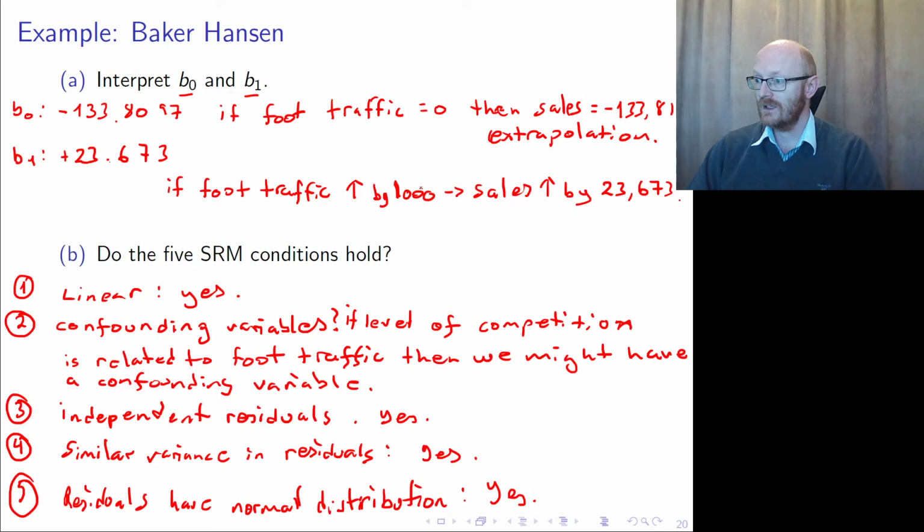Well, if you have a different variable affecting the outcome and is correlated with the x, then you have a confounding variable.